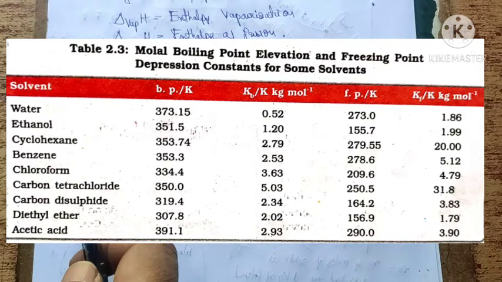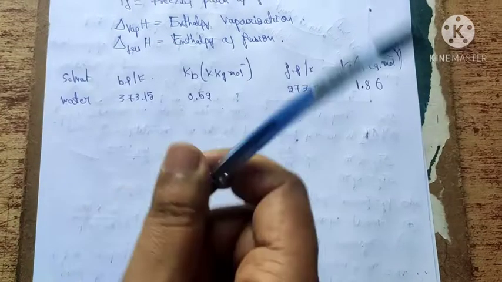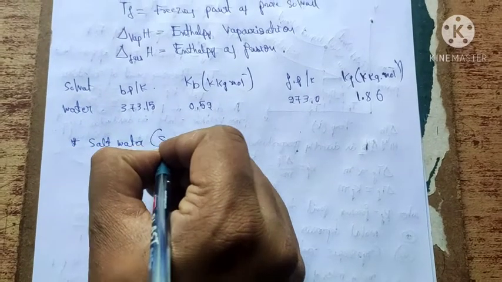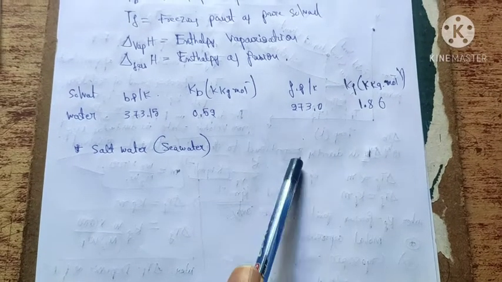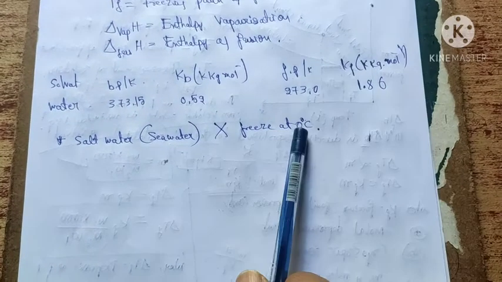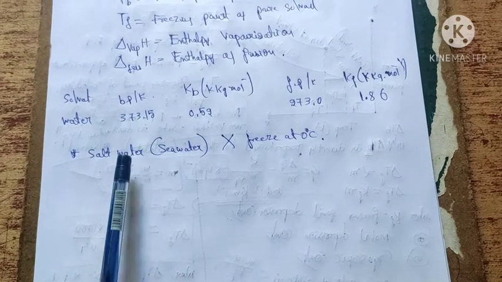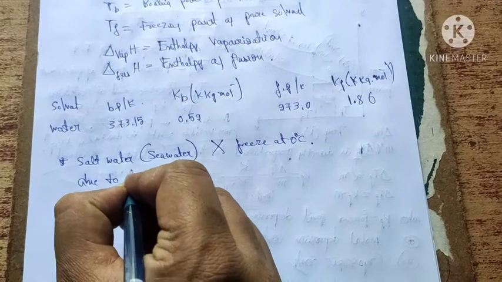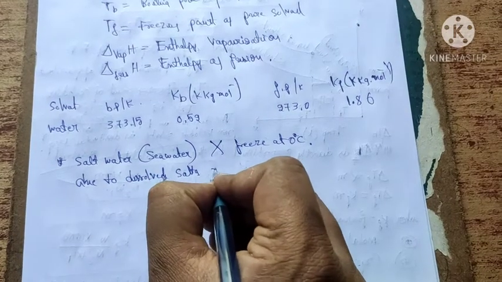In day-to-day life we observe many examples of freezing point depression. See, salt water or sea water doesn't freeze at 0 degrees because of dissolved salts or minerals.